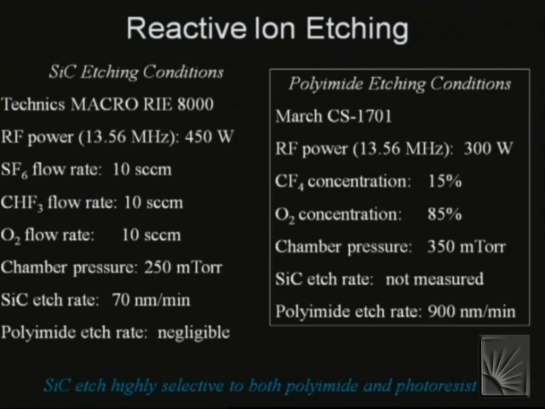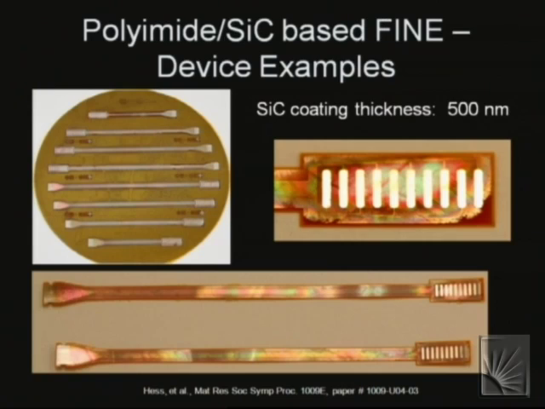The etching conditions are shown here. For time, I won't go through the details, other than to say that we found that we could perform a silicon carbide etch that was highly selective to both the underlying polyimide as well as the overlying photoresist, meaning that we could expose our metal structures underneath without risk of etching into the substrate, and we could do the exposure while maintaining pretty good fidelity with the overlying polymer etch mask.